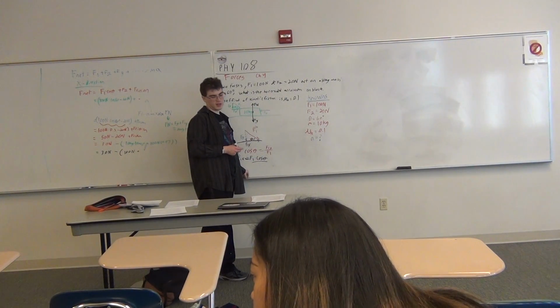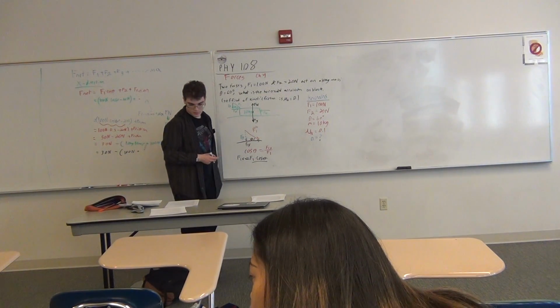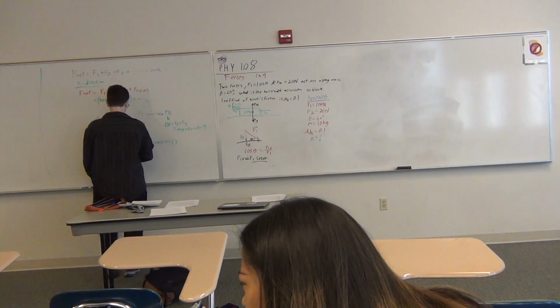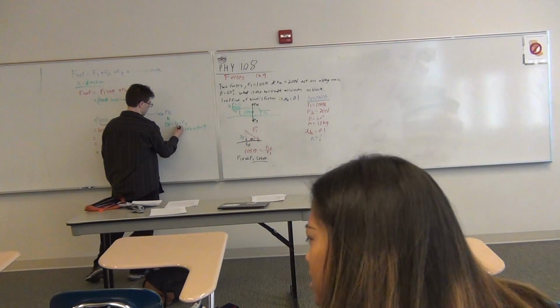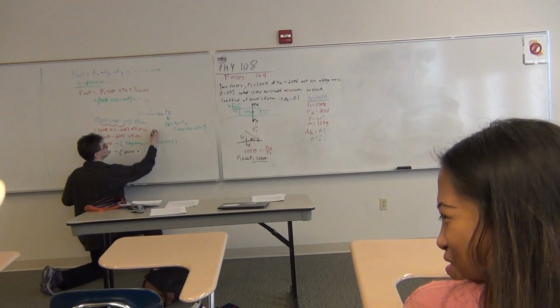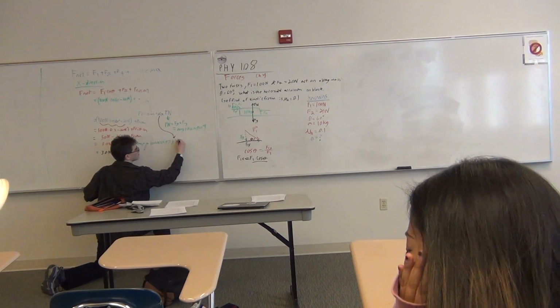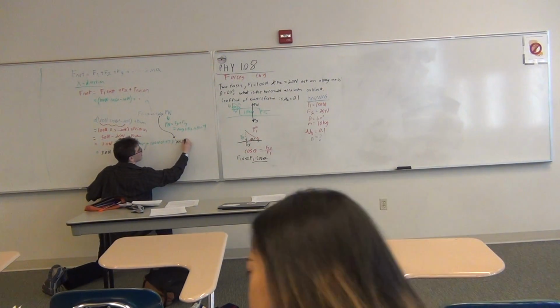And the mass is 10. The friction coefficient is 0.1. Okay. Right, we have the coefficient here. We also need to multiply by mu k.